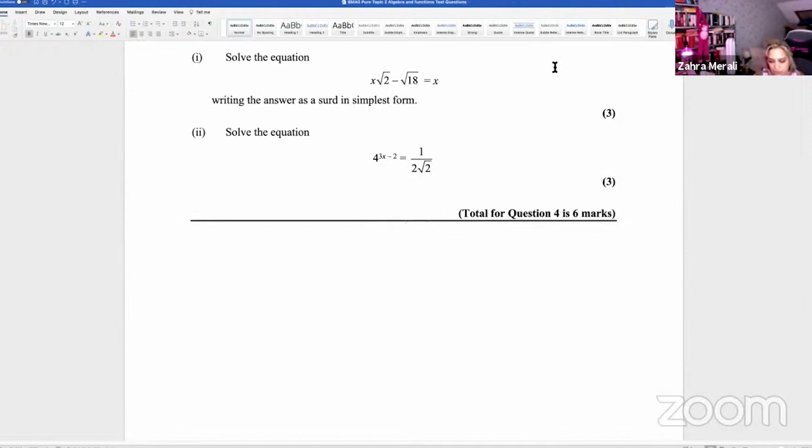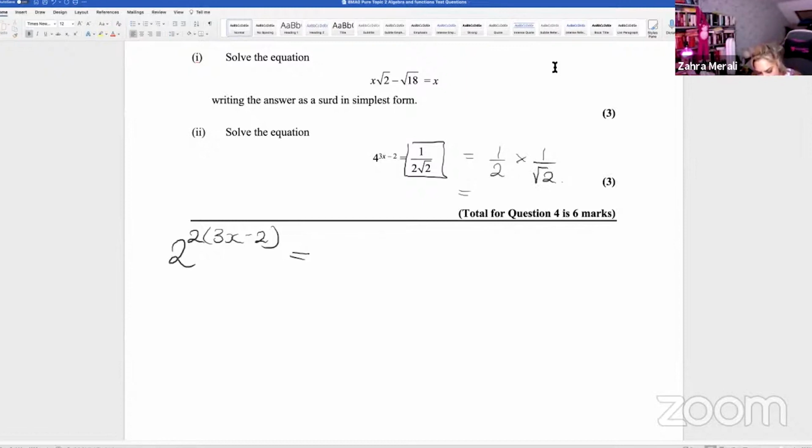So I know that 4 is the same as 2 squared. I'm going to have 2 squared and all of that, and then I've got 3x minus 2. I know that this bit here is the same as 1/2 times 1 over root 2, right? Because you times the top and times the bottom.